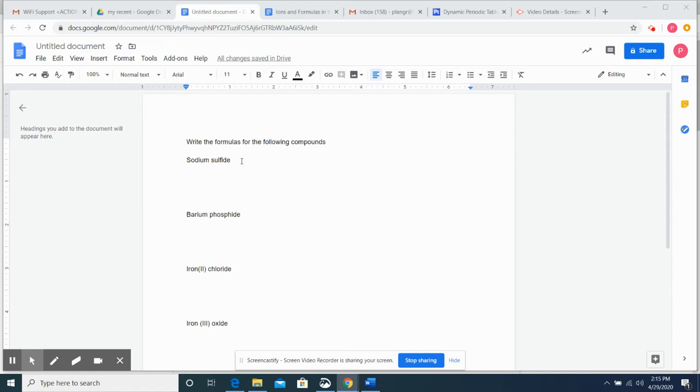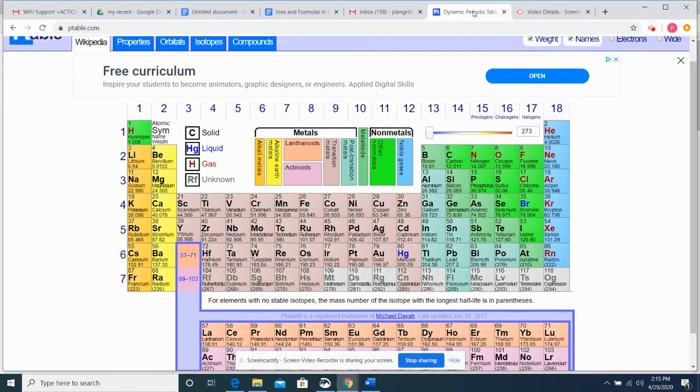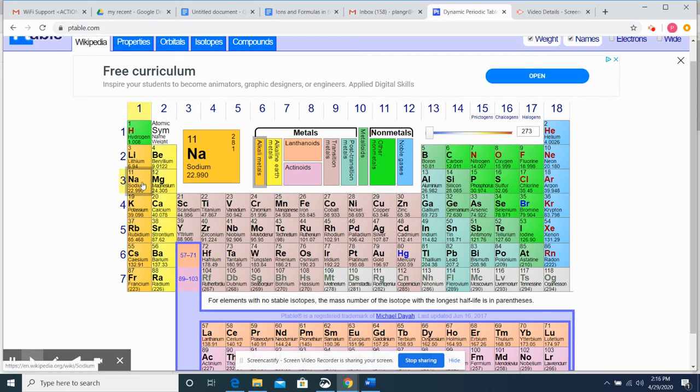Now, to write the correct formulas for these compounds, we actually need to look at the periodic chart, because to write the formulas, you need to know what the charges are so that you can write the right compound. So I'm going to go on here and look at sodium. Sodium's over here. You see that it is in group 1. You know that in group 1, the ions have a positive 1 charge. So you're good with that.